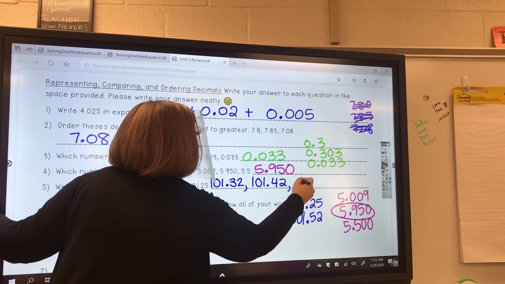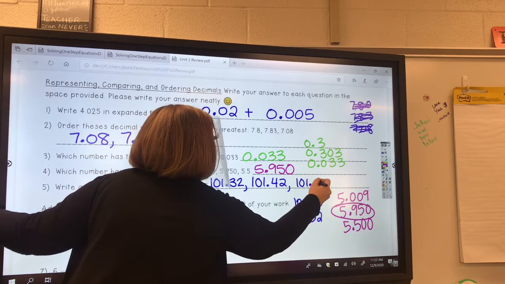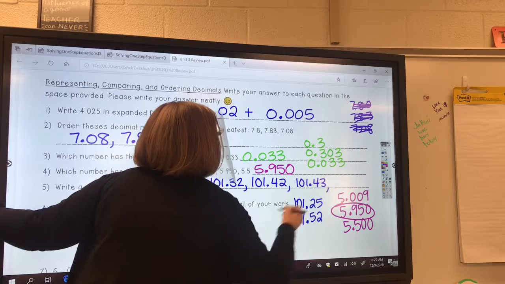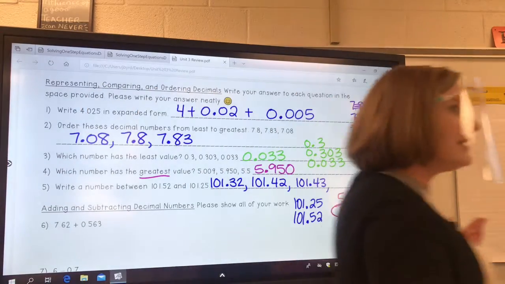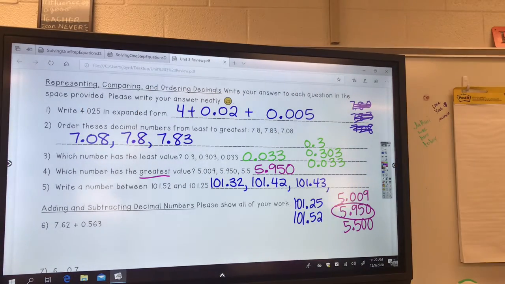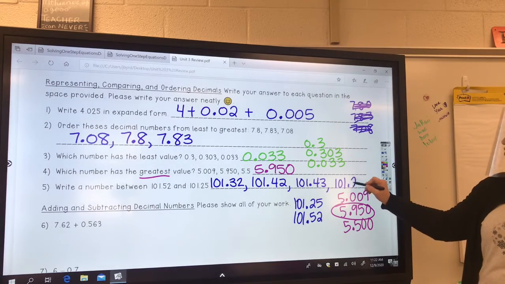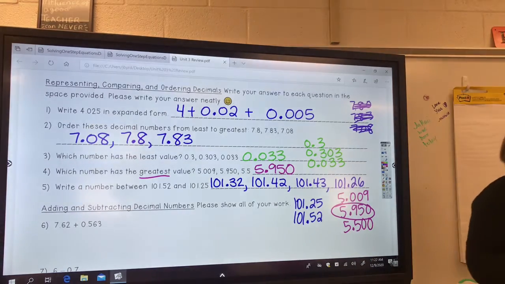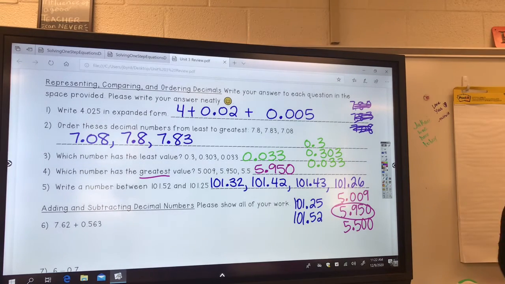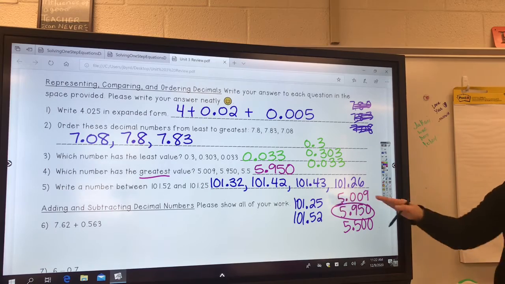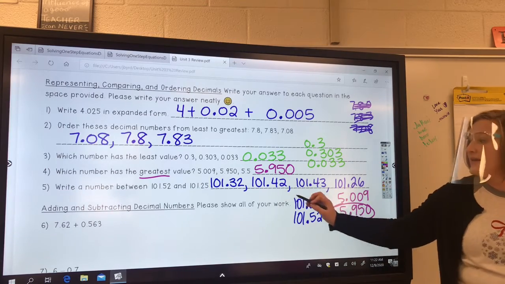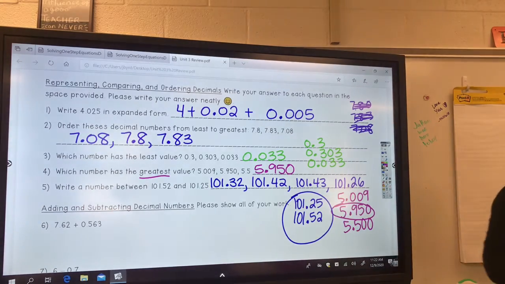Or 43. Oh, you're just looking for a number that's between. It can be any number between those. It could be 101 and 26 hundredths because that's between. Everybody can have something different for that one as long as it's between those two numbers.